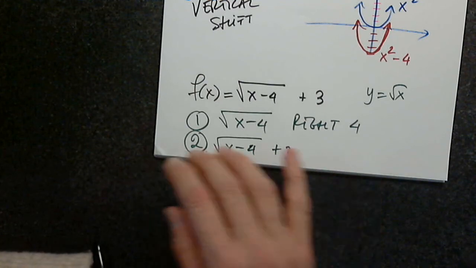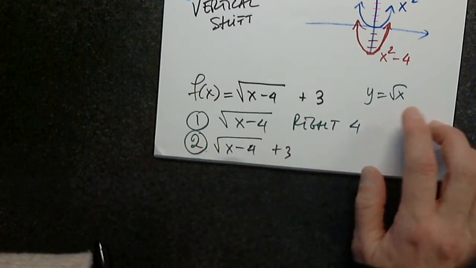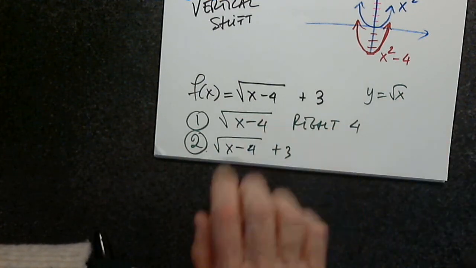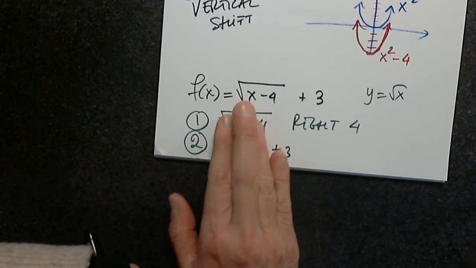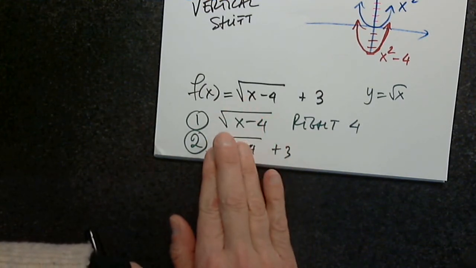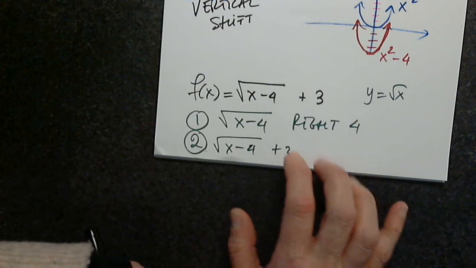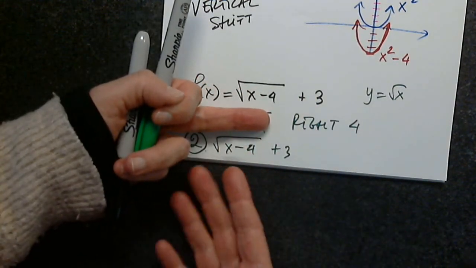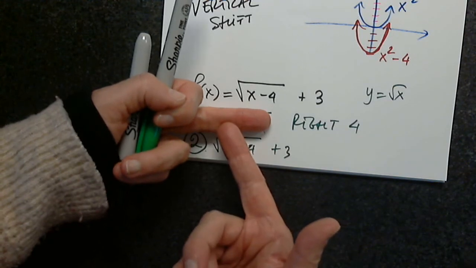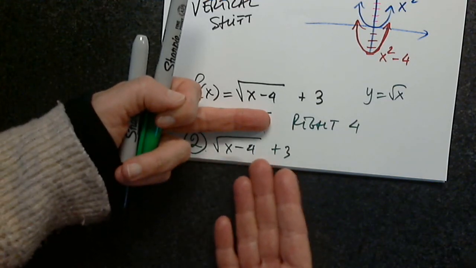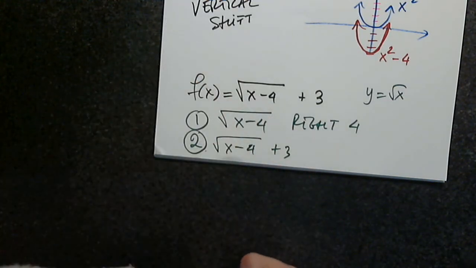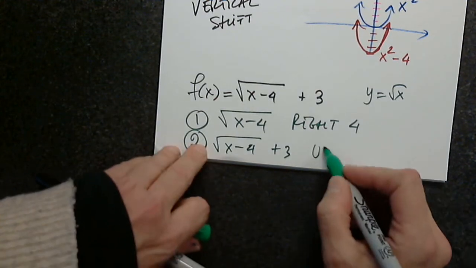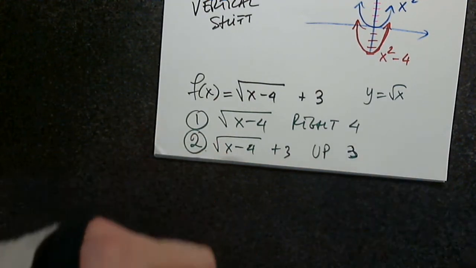Obviously, it has a left-right, right? It's a horizontal shift. I'm changing from x to x minus 4. But now x minus 4 does not change. I'm only adding 3 to this quantity. When I add 3 to a quantity which is not x, it's the previous y value, what transformation is this? Up 3.